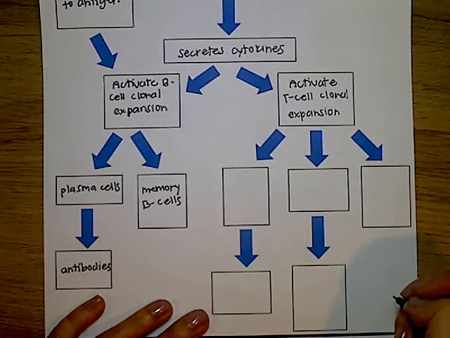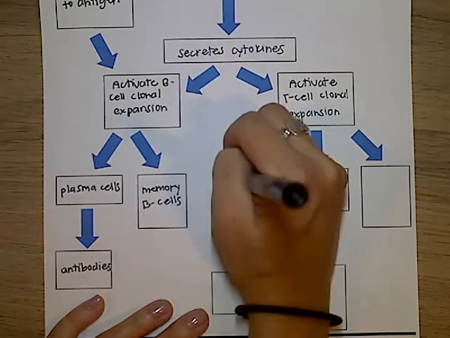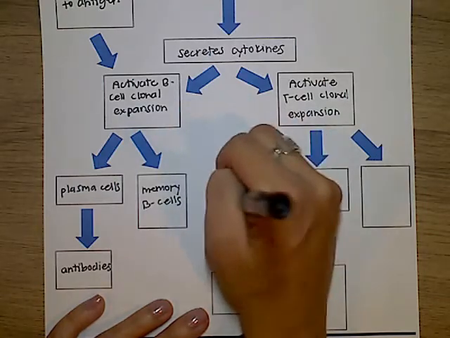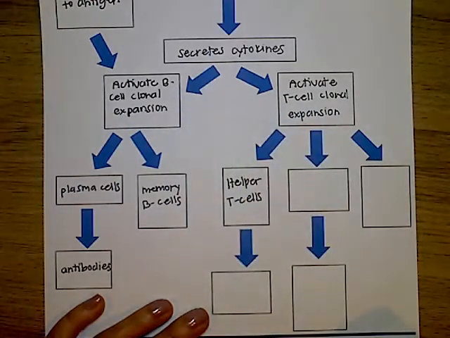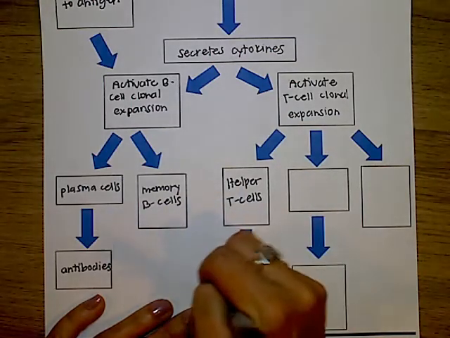which does three things. You're going to get more helper T cells, which secrete cytokines, call for even more help.